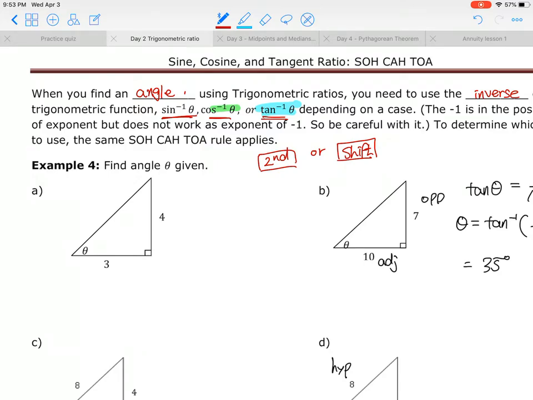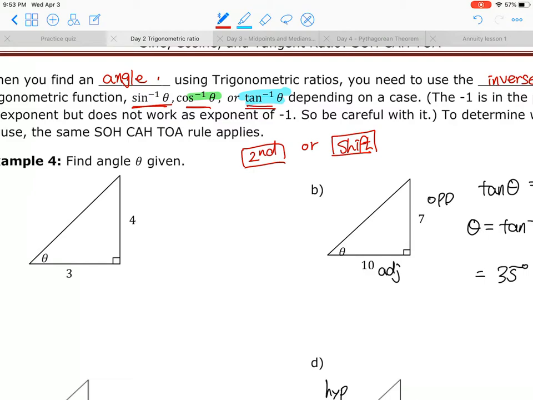Okay. Now, in order for you to do that, you have to press the second and the sine button, or cosine button, or the tangent button, depending on what you have, depending on your calculator. Okay, when you do the calculation of sine, let's say 35 degrees, if you put sine and then 35 in your calculator, then your order will be second, sine, and then 35, in pretty much the same order, right?